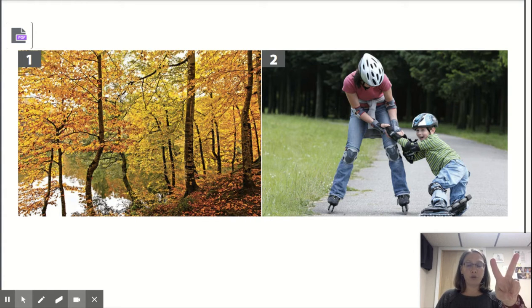Did you hold up two fingers? See if you can work with the adult today and come up with a sentence for fall that would represent the meaning of both picture one and picture two.